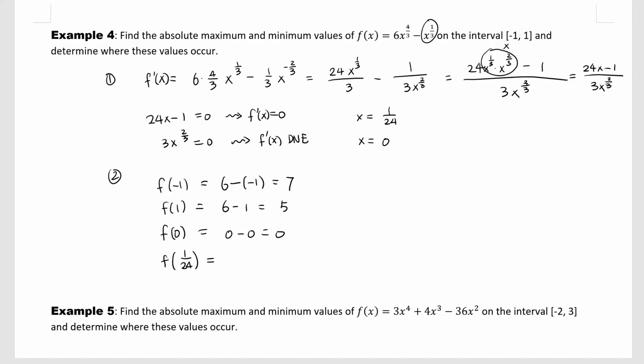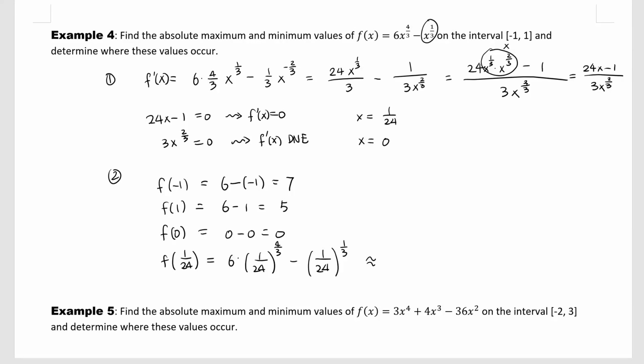Next, we get 1 over 24 to the 4/3 minus 1 over 24 to the 1/3. Let's plug this in your calculator. I really hope you can pause here and try it, because if you don't, you don't know the difficulty of using the calculator.